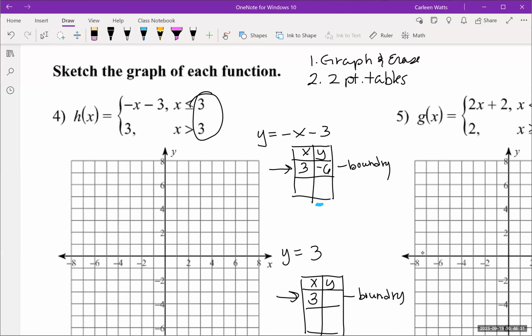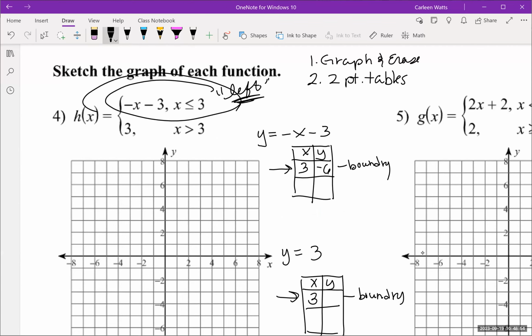Okay, I need to erase this. I don't have that much room. Okay, now look at this. This is where we are right here. Notice that this kind of says less than, it also says left. My next x value needs to be an x value to the left of 3, right?